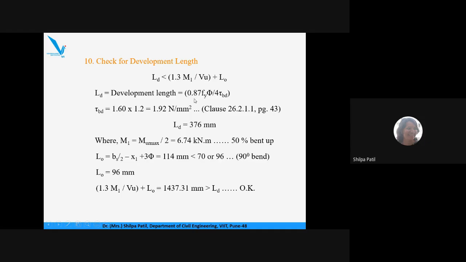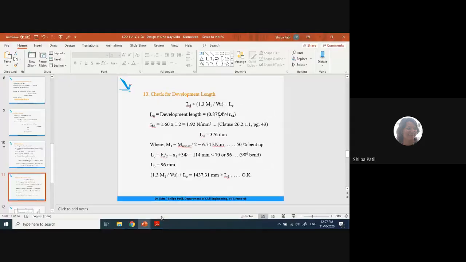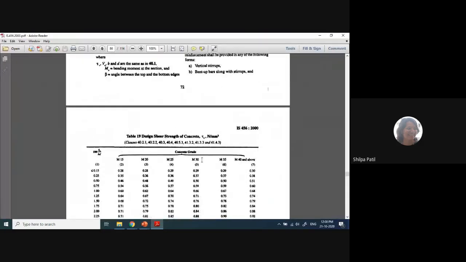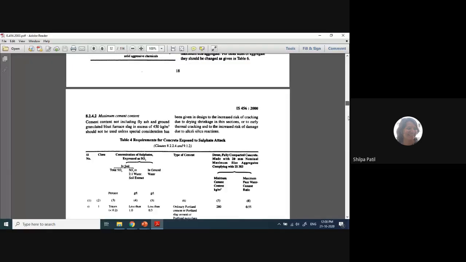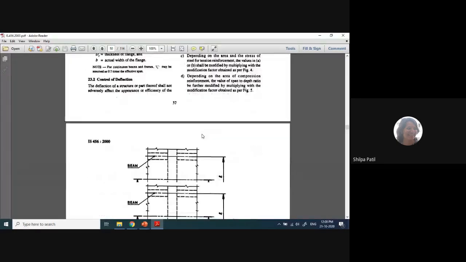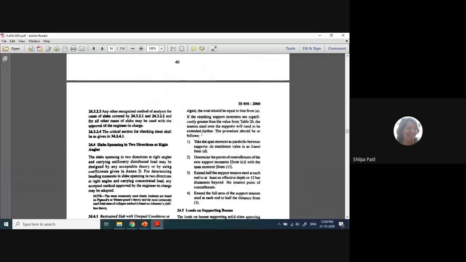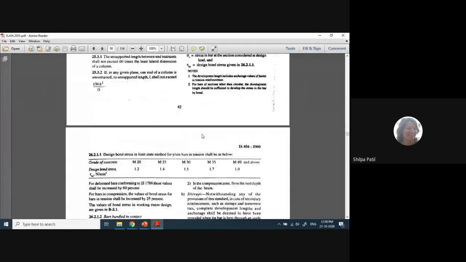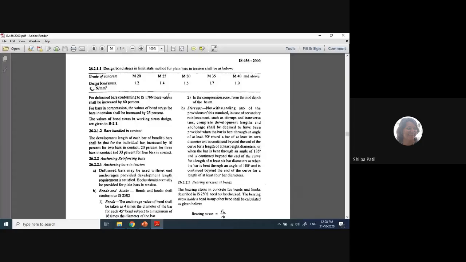So what is phi here? Diameter of the bar, we have already adopted as 8 mm. Tau BD, we have to make use of this clause, page number 43. So I will quickly go to the code again here, page number 43. Yes, page number 43.